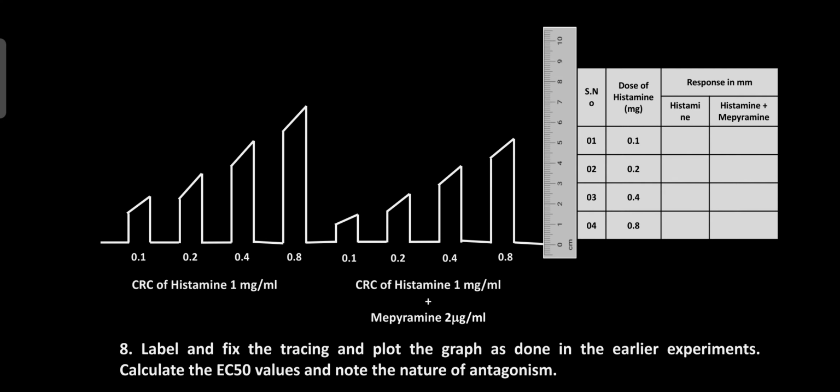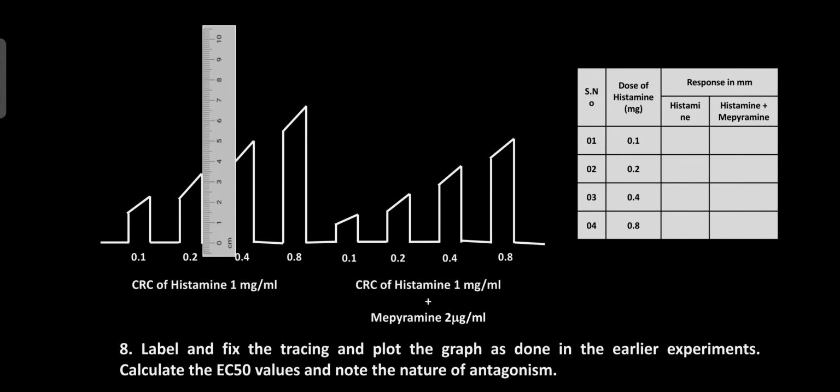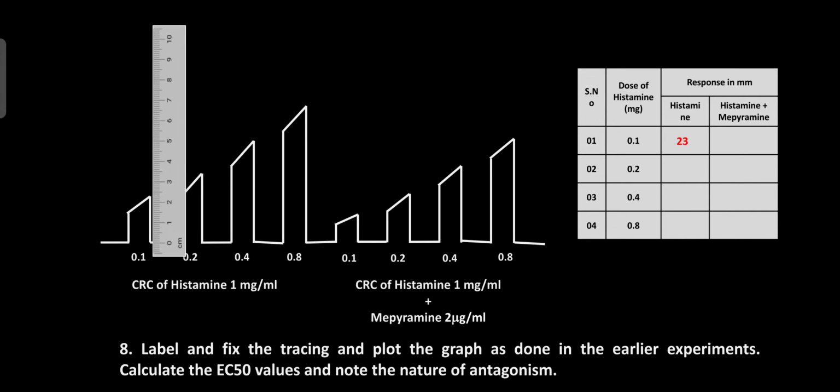After this, label and fix the tracings and plot the graph as done in the earlier experiment, calculate the EC50 values and note the nature of antagonism. The response of 0.1 ml of histamine solution is 23 mm.